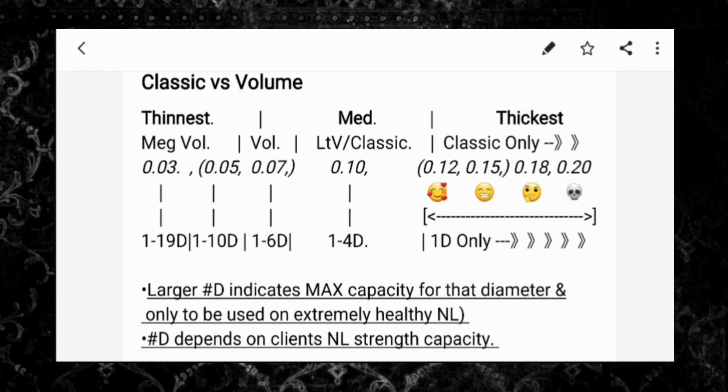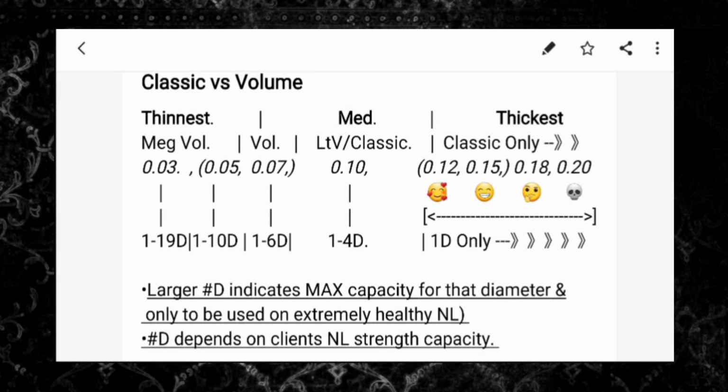The next one is a 0.05. What can we do with the 0.05? You can do 1D and go all the way up to a 10D. So you can make a fan of 10 lashes with a 0.05 and place it on one natural lash. That's the max for that lash.